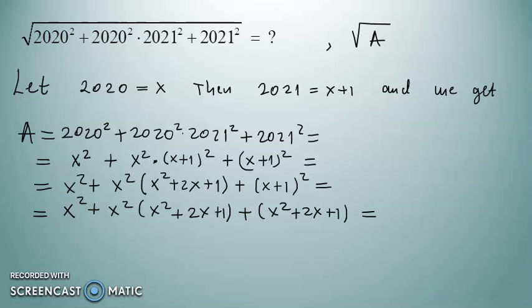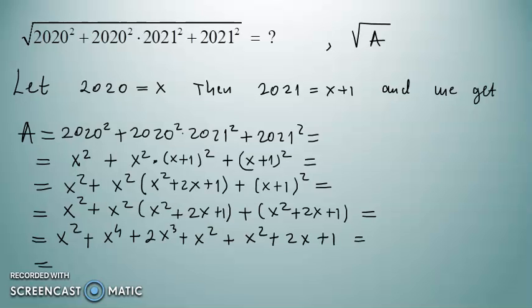Let's make one more additional step. x squared plus x squared times x squared, that is x to the fourth, plus x squared times 2x cubed, and plus x squared, plus x squared plus 2x plus 1.